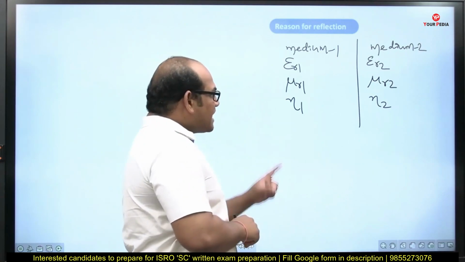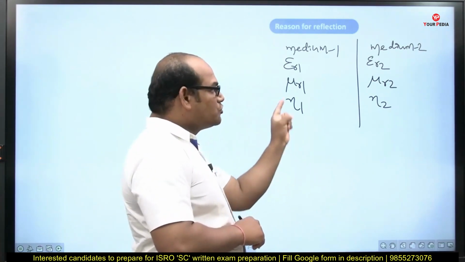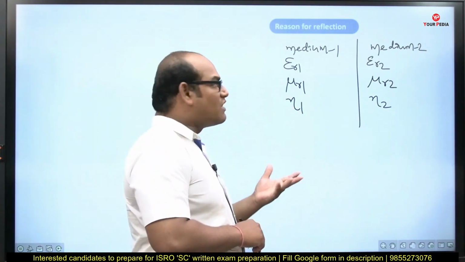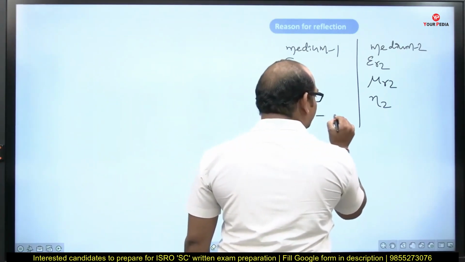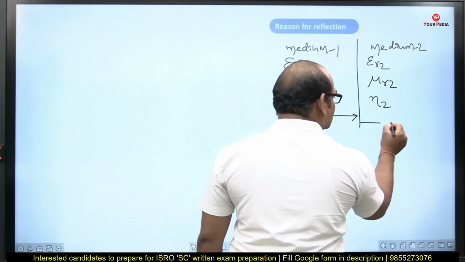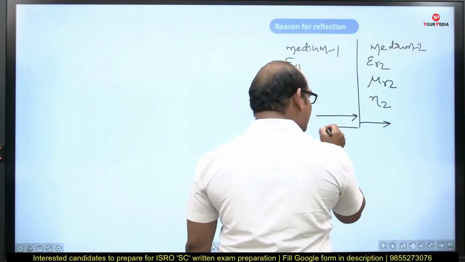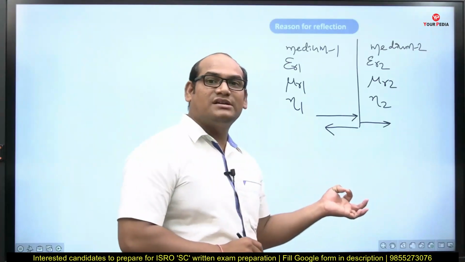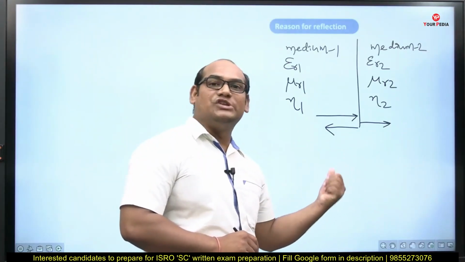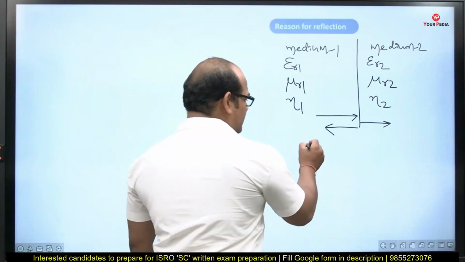Because the impedances of these two media are different, what will happen is, when the wave is traveling from medium 1 to medium 2, surely a certain portion of the signal will be reflected back. So what is the reason for the reflection? Impedance discontinuity.